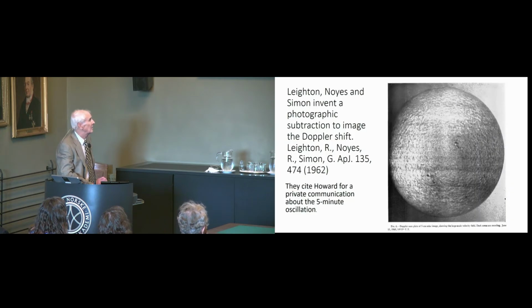This is the image that he created, not Ed Fraser. This is from Bob Leighton's group. They had a really clever Doppler subtraction technique which brought out the solar oscillation pattern as well as what we now know to be the granulation.